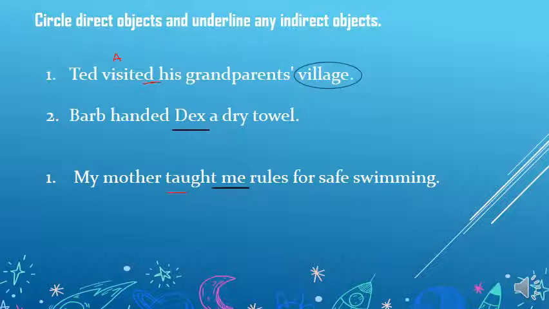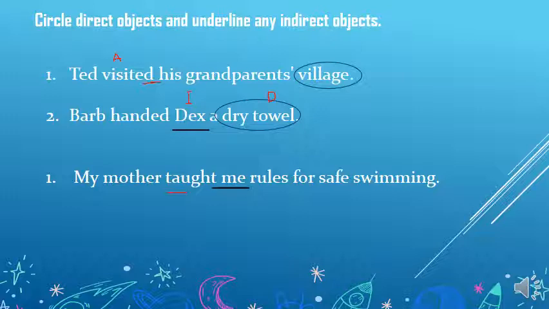Okay. Barb handed Dex a dry towel. What is the indirect object first? This is what we spot first. Since we have two, we know that the first one will be the indirect and the second is going to be the direct object. So a towel, or a dry towel, is the direct object.